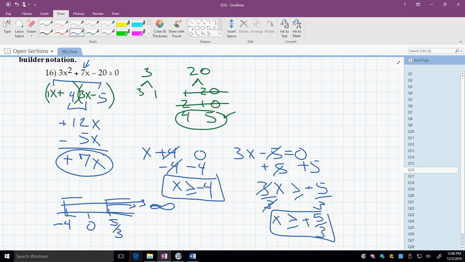It's greater than negative 4. Oh, you're looking at the answers? It should be D. Less or equal? A and B. No, the answer is this one.